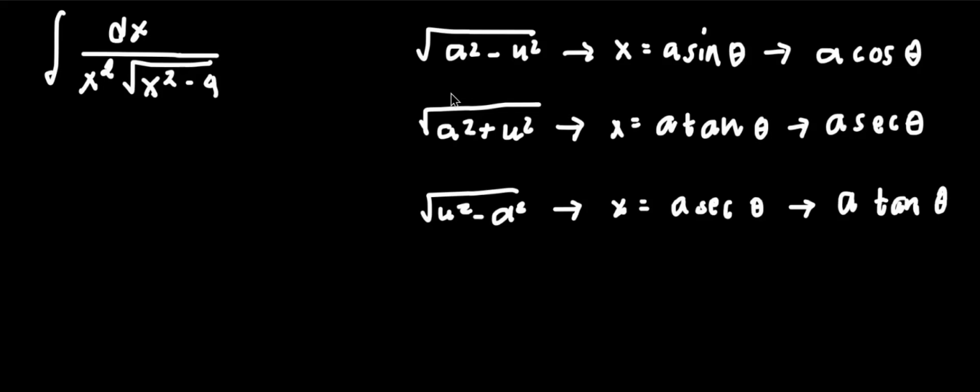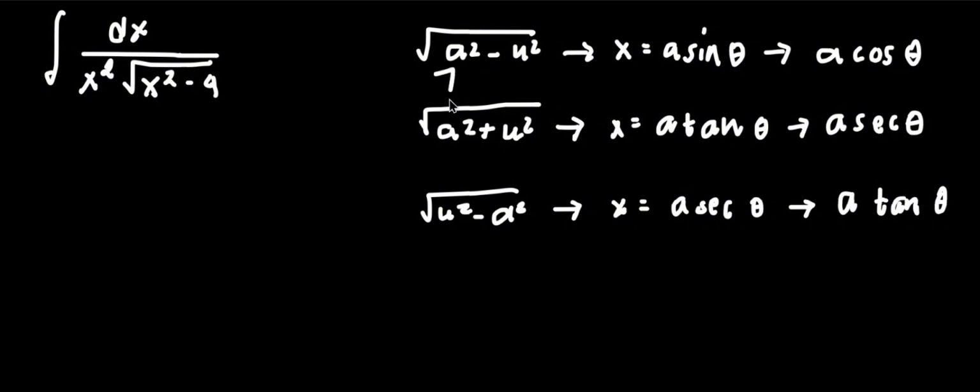So today we're going to be talking about trigonometric substitution. Basically, in trigonometric substitution, especially in integrals, there are certain rules and instructions that we must follow. Well, it depends on the given. So let's say we have a squared minus u squared.